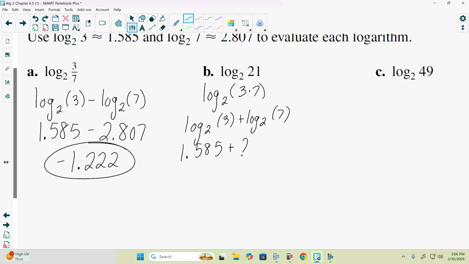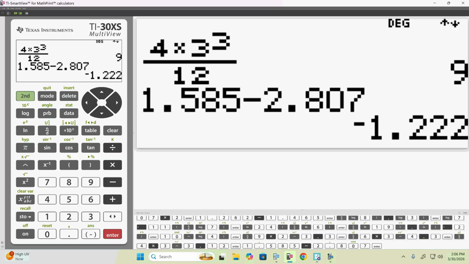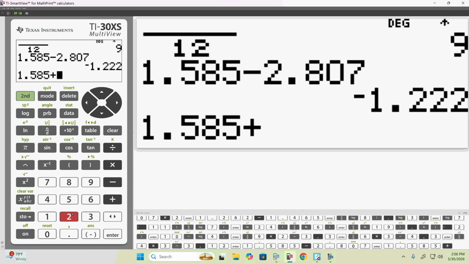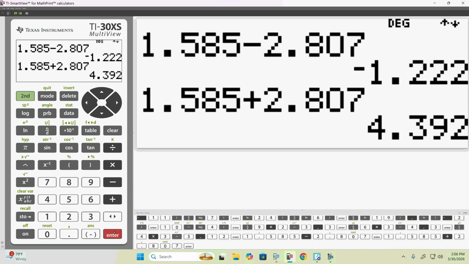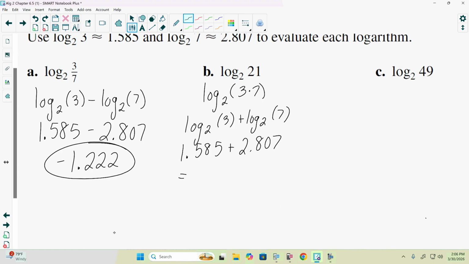And log base 2 of 7 is 2.807. Now we just need to add them together. 4.392. Questions on this here? Or we can do log base in the graphing calculator and get to the number already.